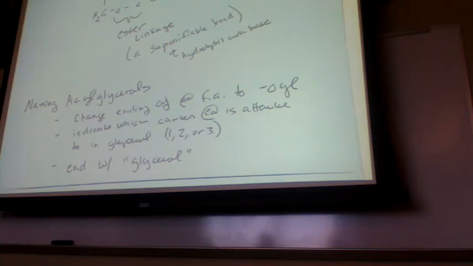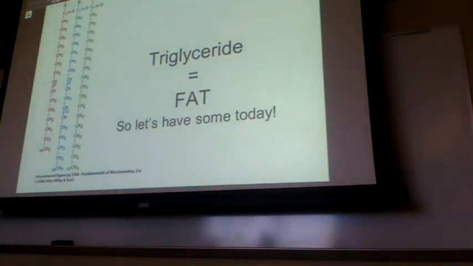So if I go back to that picture again: carbon number 1, palmitoyl; carbon number 2, linoleoyl; carbon number 3, stearoyl glycerol. Now when you look at glycerol, is it easy to remember which carbon is carbon number 1? No. In this picture it's totally arbitrary.